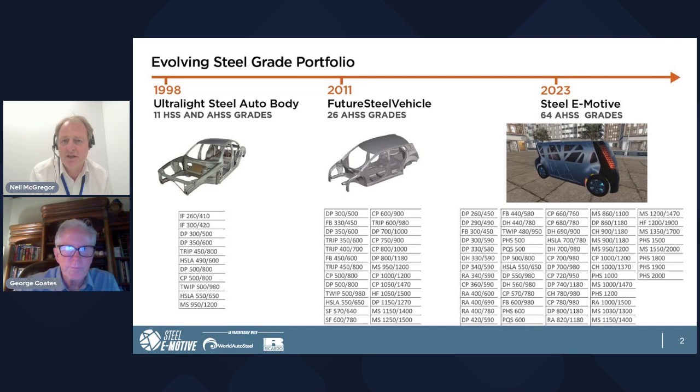But having that breadth allowed us to fine tune the design and really optimize it for cost, weight, performance, and sustainability, as we'll see in this presentation and some subsequent presentations as well. So it's a great toolbox, as we call it, for engineers to work with the advanced high-strength steel portfolio. Yeah, thank you.